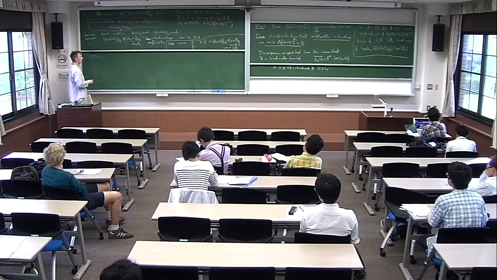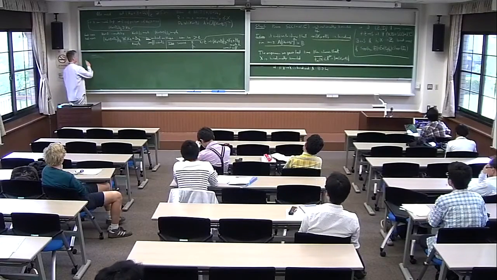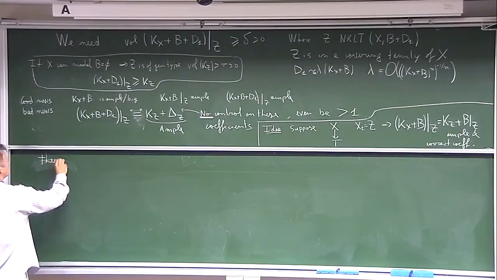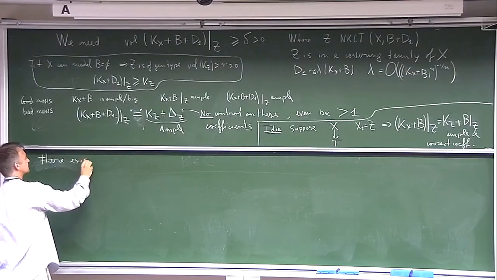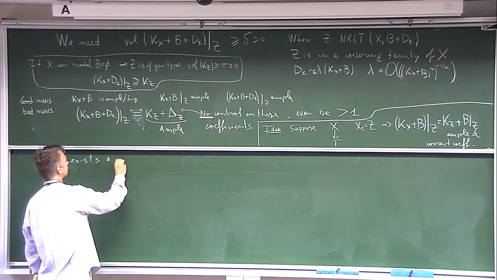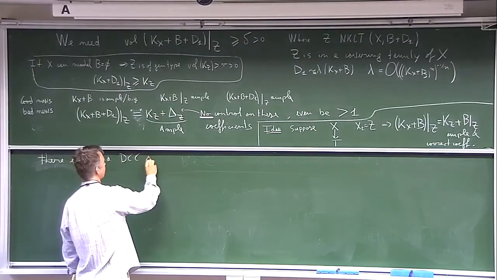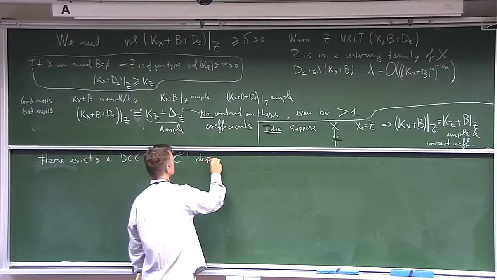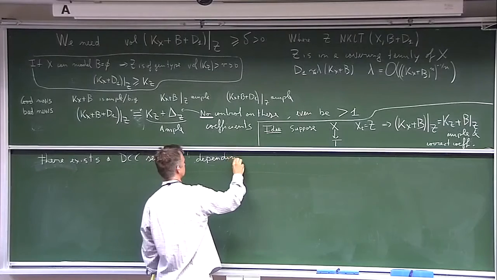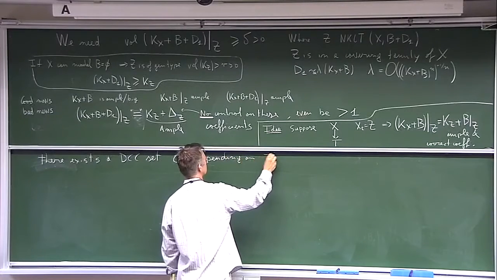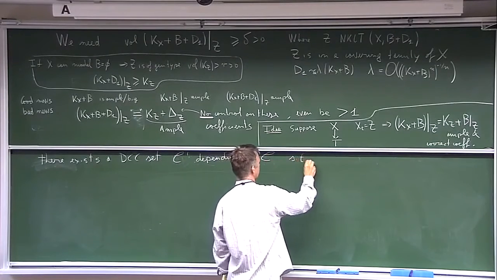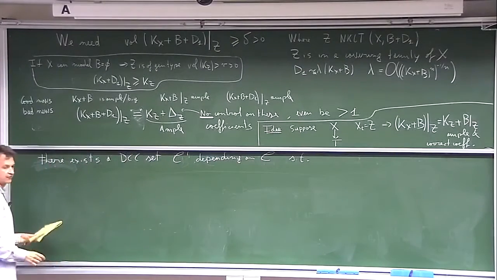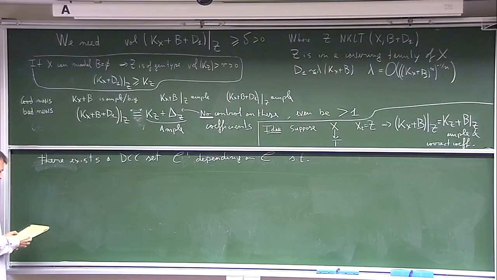Okay, so there exists a DCC set C prime depending only on C such that the following theorem holds. So I'll state the theorem, and then I'll be owing you the definition of this DCC set C prime.